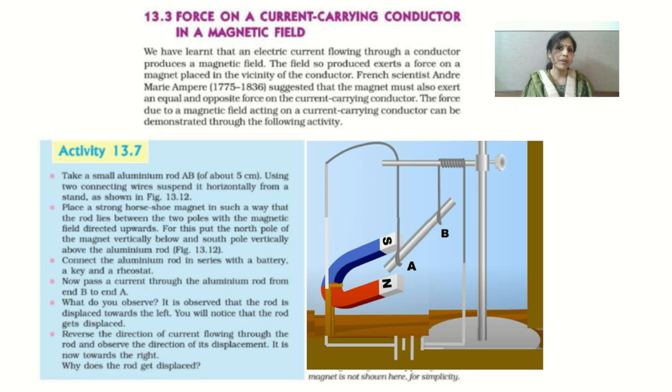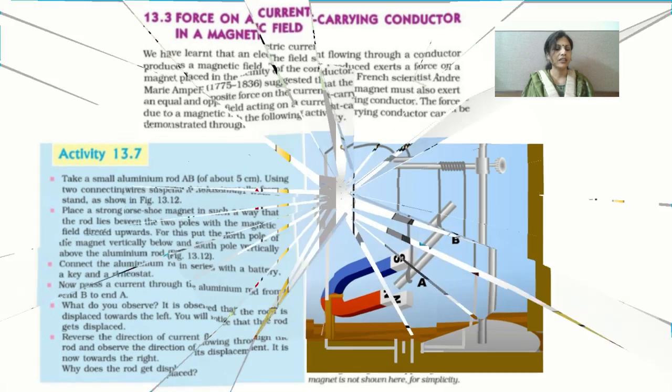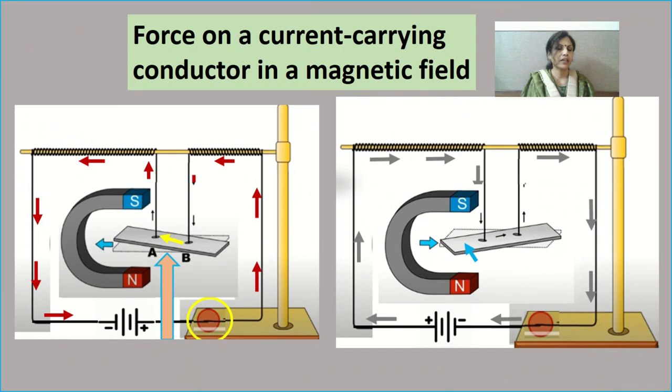So this is based on the concept that a current carrying conductor, when placed in a strong magnetic field, experiences a force. We have seen an activity wherein we observed that the force experienced by the conductor depends upon the direction of flow of electric current. So observe both the figures carefully.